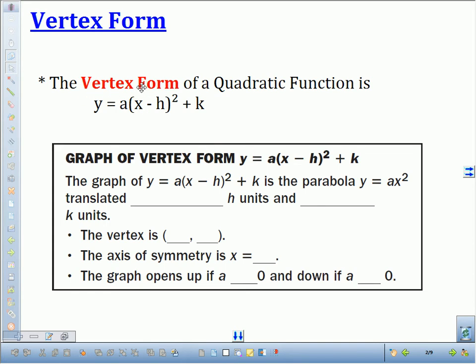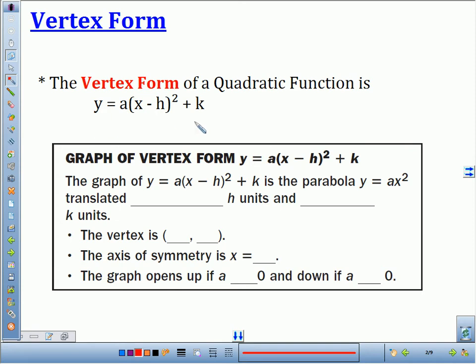Now, the vertex form of a quadratic function is y equals a times (x minus h) squared plus k. Now that might look familiar to you. As you should remember, when we did absolute value functions, we saw that absolute value functions were y equals a times the absolute value of x minus h, plus k.